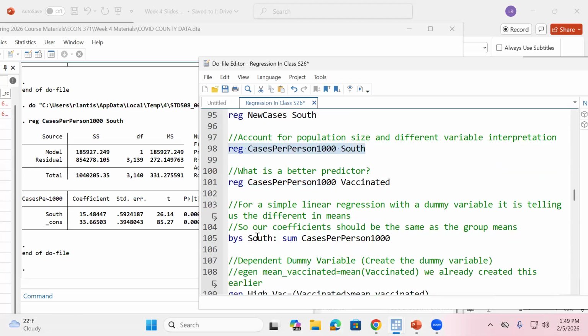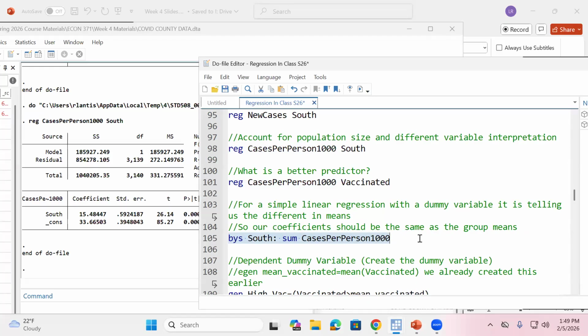So if I come down here, we haven't looked at this command yet, but I can do something in Stata where I use the bysort command. What bysort does, BYS is what that's short for, is it sorts the data, and then for every single value of that variable, it will do whatever you put after the colon. We're going to keep it simple in this class for right now.